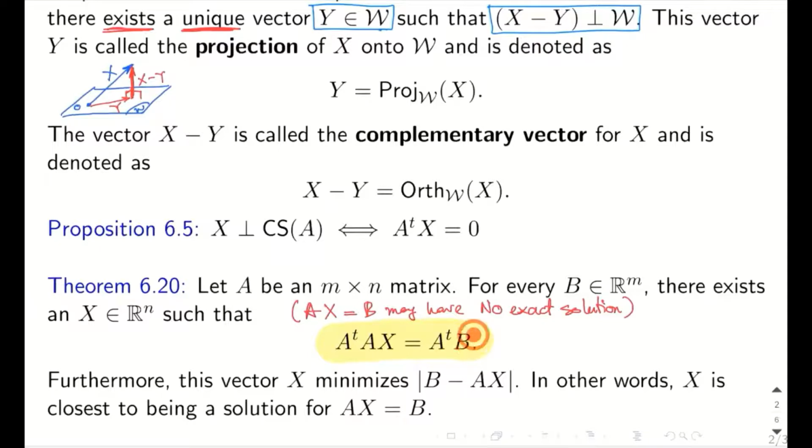Furthermore, although this solution is not the exact solution of the original equation, it is the closest to being a solution of the original equation. In other words, the difference between Ax and b is going to be minimized.